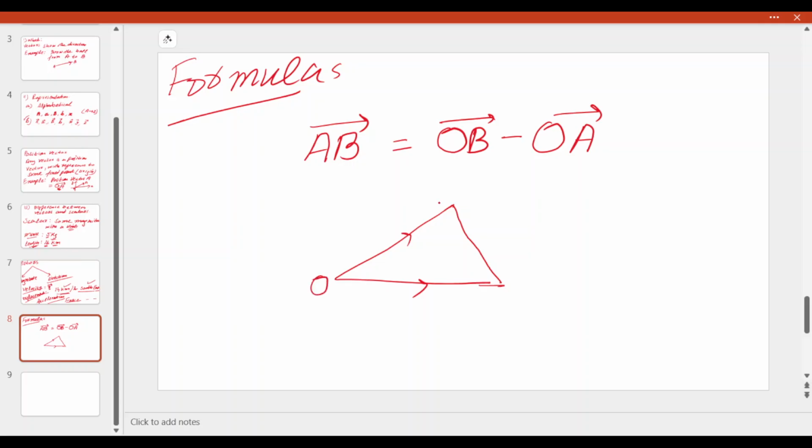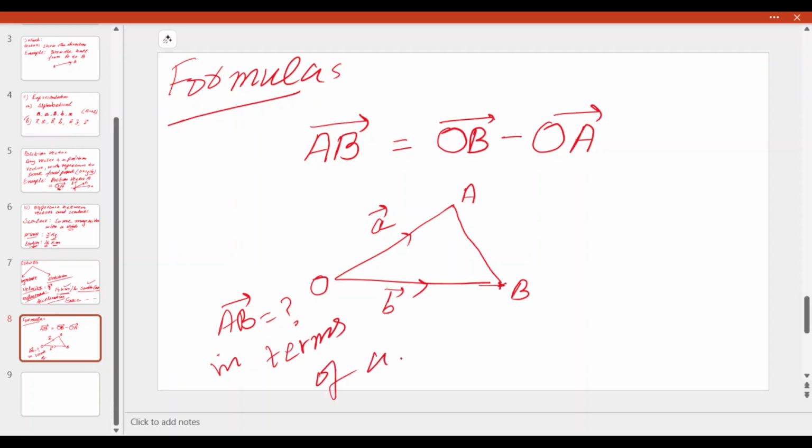This is O, this is A, and this is B, and yes, OA is represented by small a, OB is represented by small b, and we are asked to find the vector AB in terms of a and b. Yes, this is a very important question that is repeated in every exam.